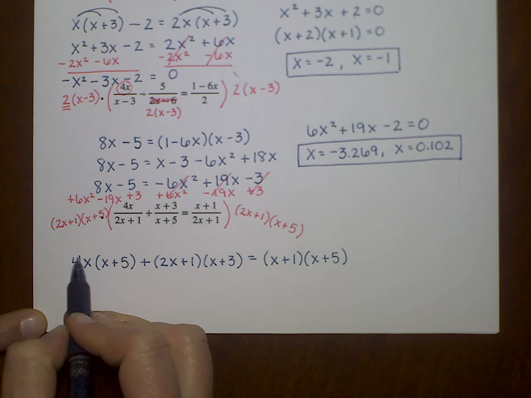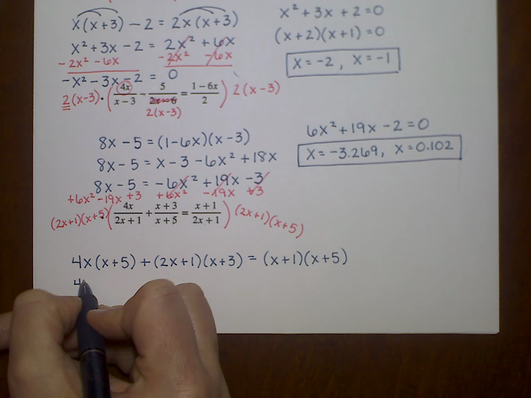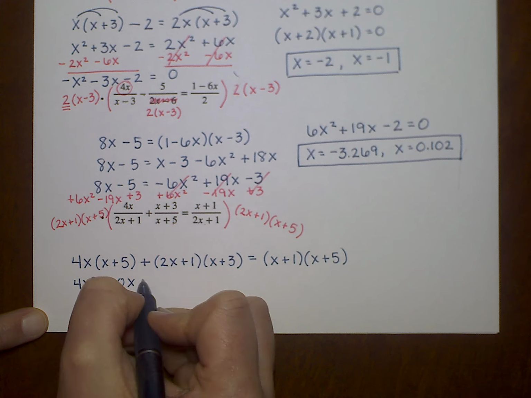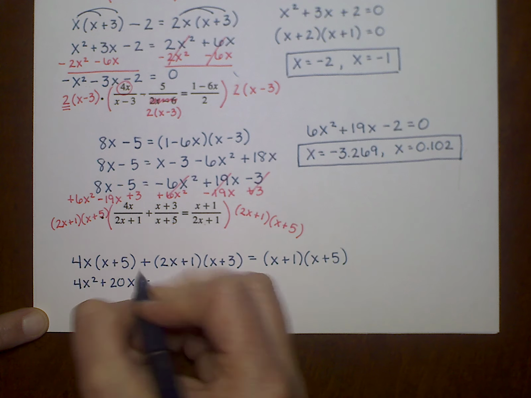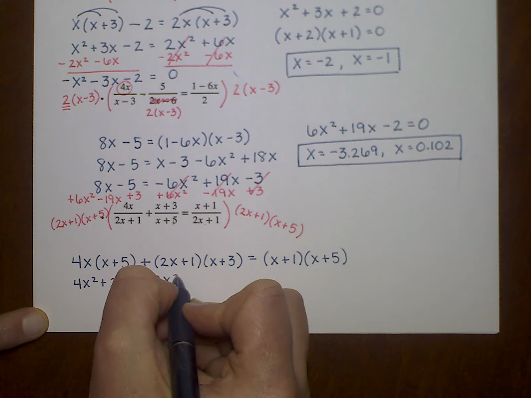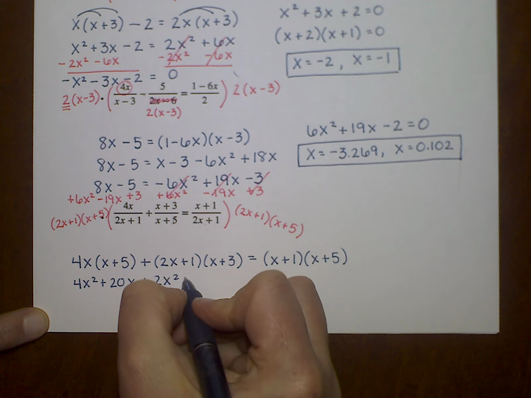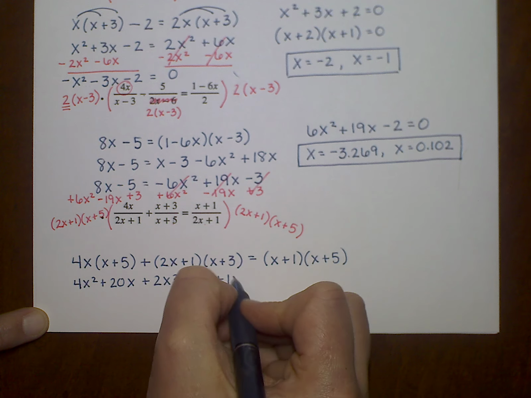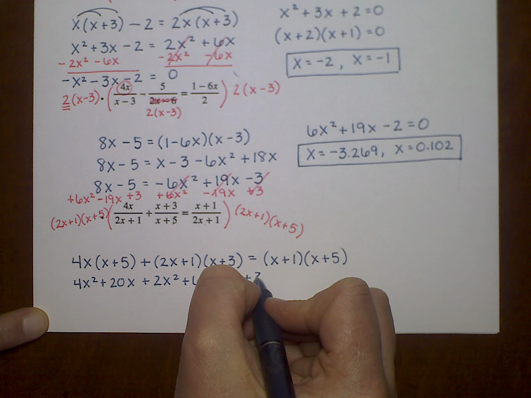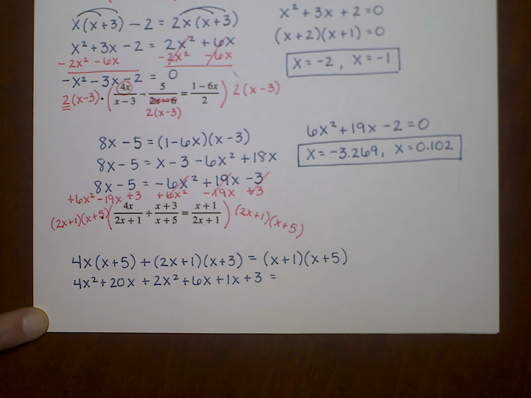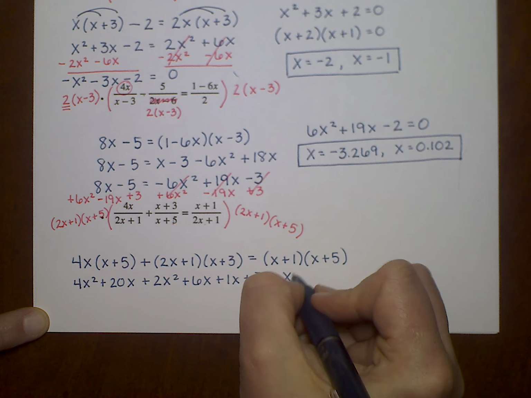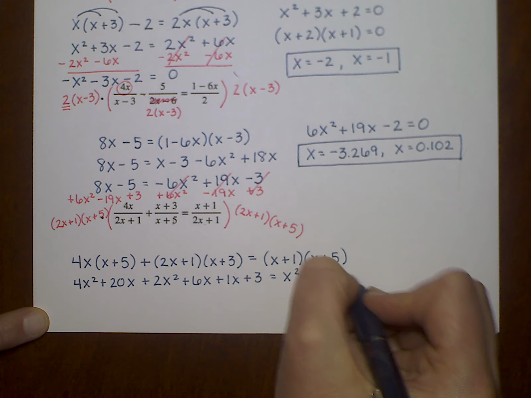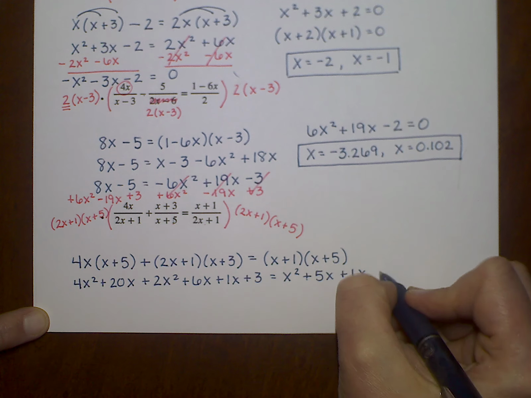Okay, and distributing. So here I'm going to end up with a 4x squared plus 20x. Here I'm going to end up with 2x times x is 2x squared. 2x times 3 is 6x. 1 times x is 1x, and then 1 times 3 is 3. And then FOIL over here, x times x is x squared plus 5x plus 1x plus 5.